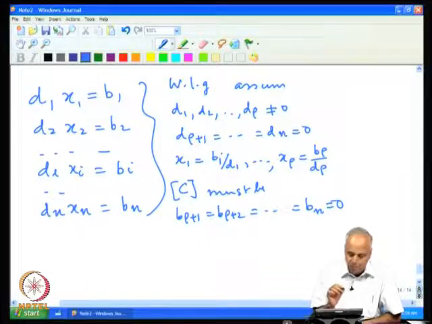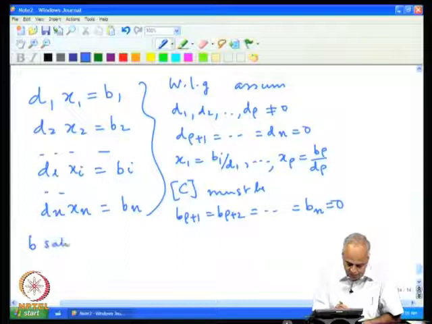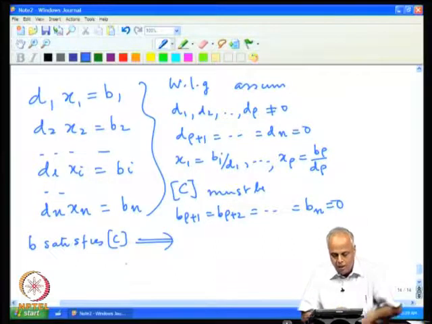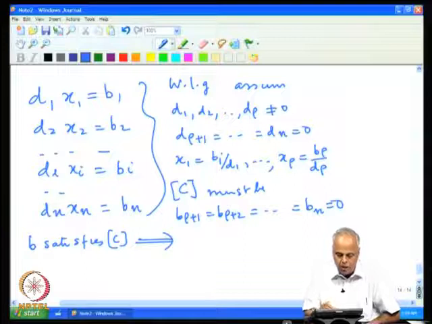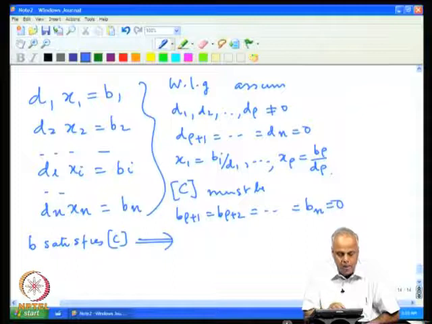Now what do we get from this? If b satisfies this condition, what does that imply? Then the first rho unknowns, x1 is b1 by d1, x2 is b2 by d2, x rho is b rho by d rho, these are got, and the remaining variables, whatever value I choose, the equations only give 0 equal to 0, 0 equal to 0, 0 equal to 0.